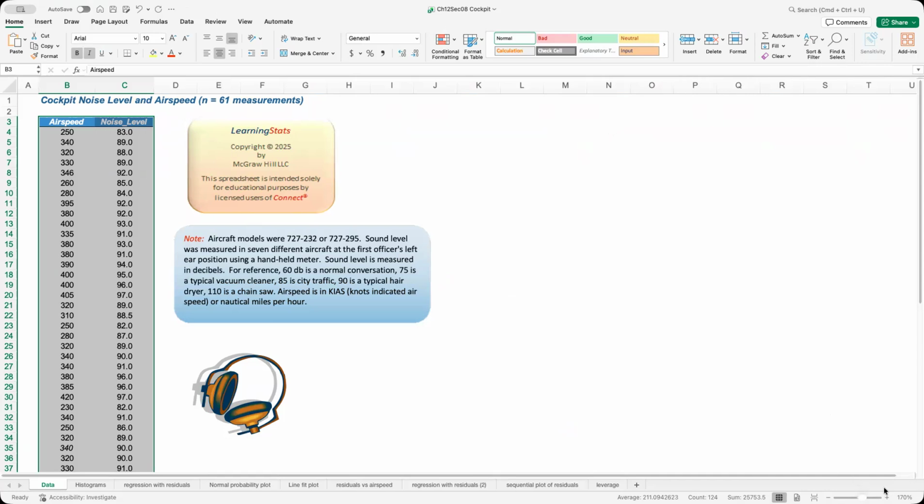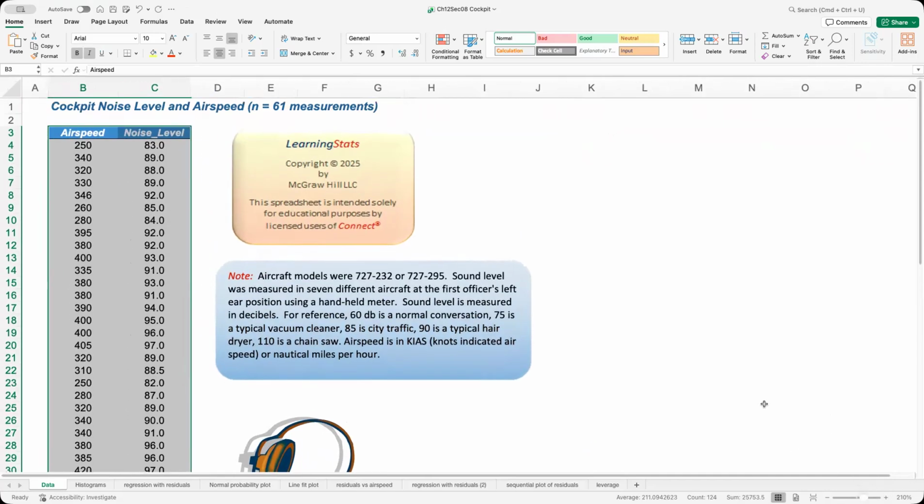Here is the section 8 example, which talks about cockpit noise. At airspeed.